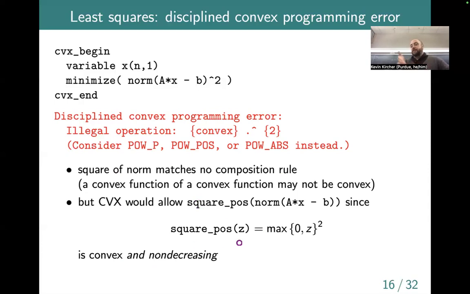And so there we get only the right-hand side of the x squared function, which has consistent curvature and monotonicity. And so this does match a composition rule because the square of the positive part is known by CVX to be convex and non-decreasing. So when we compose it with norm, which is a convex function, we get back a convex function and everything is cool.